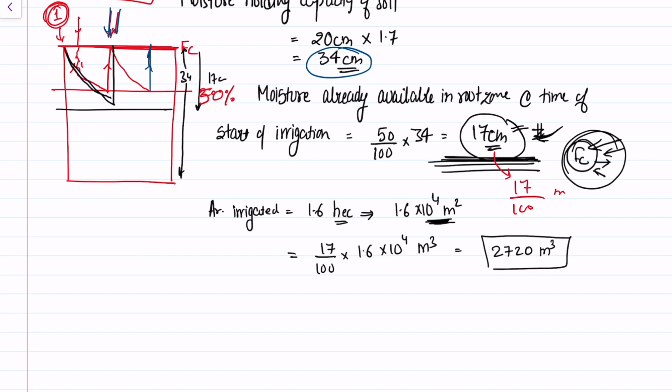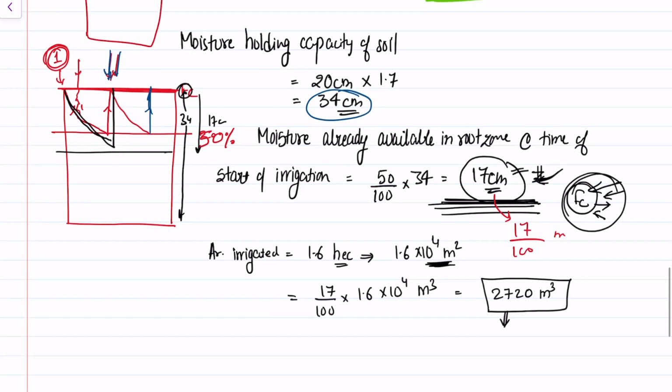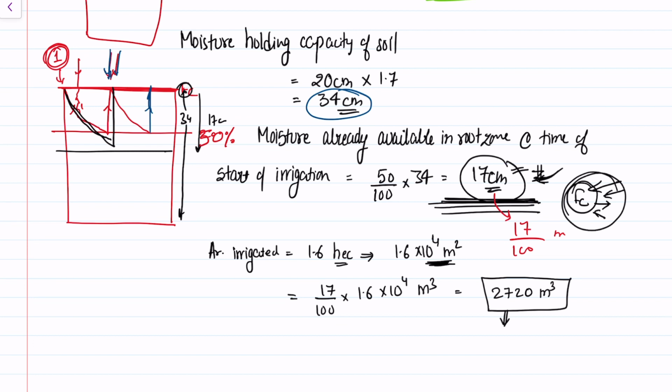So this much volume of water is required to bring the moisture content back to its field capacity, right? I'll repeat just for simplicity. The overall moisture holding capacity of the soil in terms of depth was 34 centimeters. The irrigation was done when the moisture content dropped to 50%, which means 17 centimeters for 1 meter square area.